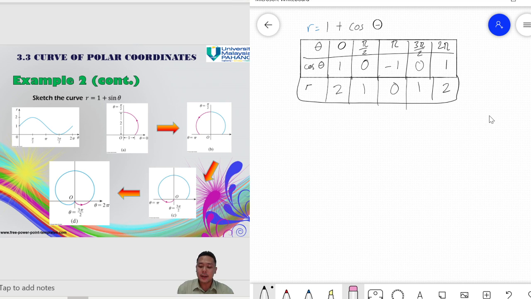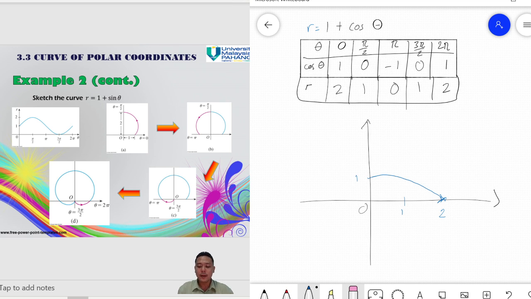Now we try to plot this 1 plus cos theta. It starts when the angle is 0, and the value from the origin is 2. So I put the mark here. When the angle is pi over 2, it dips down to 1, so it looks like this. When the angle is pi, the distance from the point will be 0.